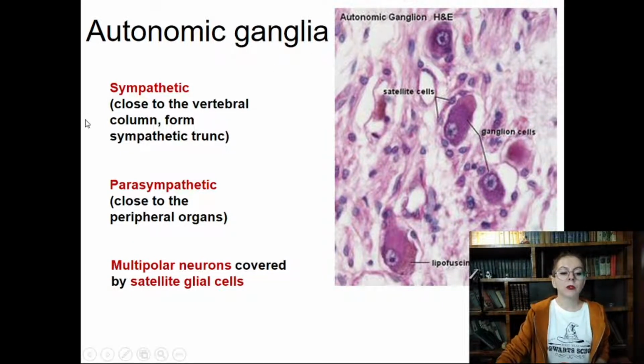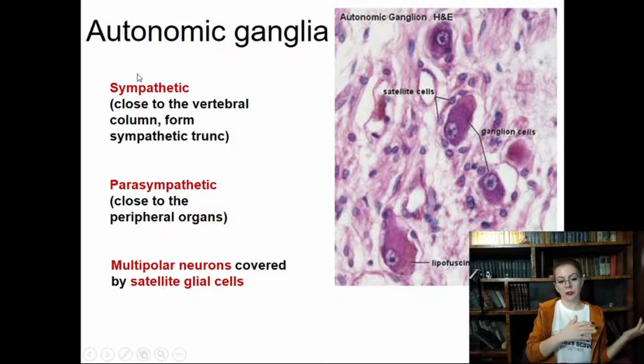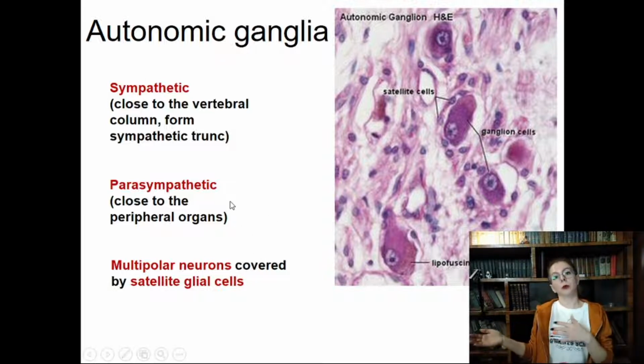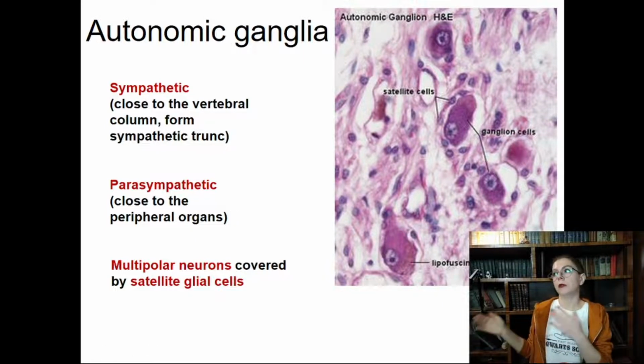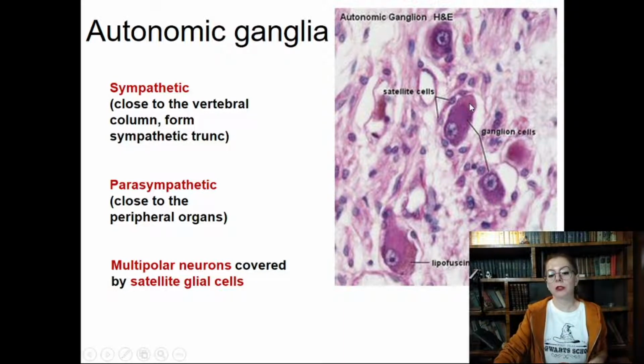The difference between the sympathetic and parasympathetic is that sympathetic ganglia are closer to the central nervous system, while parasympathetic are close to the peripheral organs. Parasympathetic ganglia could be found inside our intestines, respiratory system, and many peripheral organs. Besides, notice that lipofuscin granules could be found inside, and this is a sign of aging. They are deposited with aging.